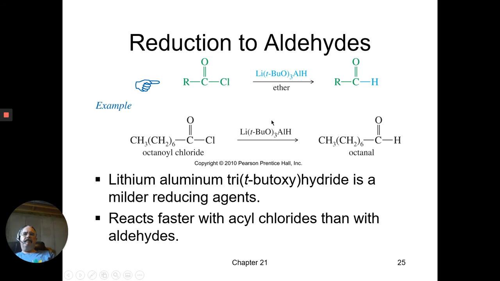And then this is often done in a dry ice bath, minus 78 degrees. So that slows down the reaction considerably. This will react faster with the acyl chloride than it will with the aldehyde that's produced. And so you can stop at the aldehyde stage.